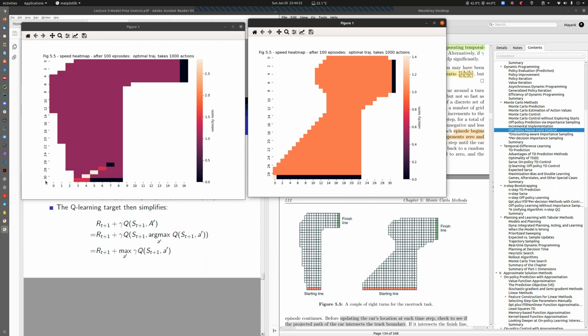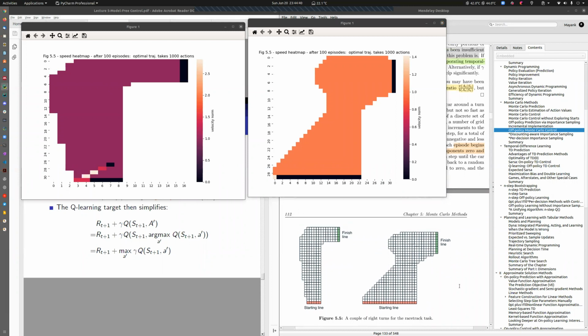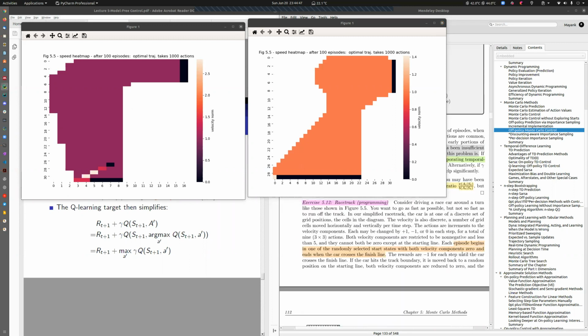You can see 30 by 16, and here it's approximately 28 by 30. Now this is the racetrack. This is the speed heat map, which is showing a couple of right turns.